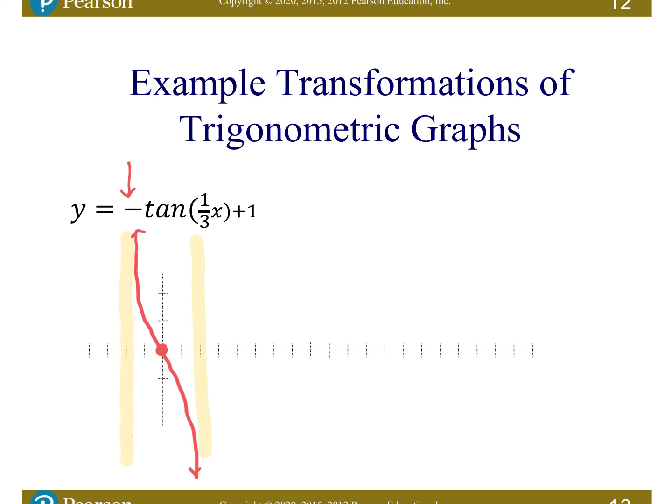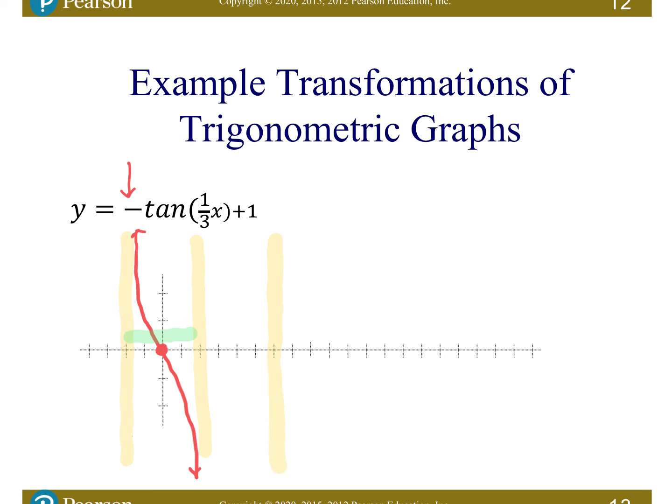So there would be another asymptote equally spread. Now, how do I know how far apart my asymptotes are? Well, count or measure the distance between them. There are 4 tick marks between that. So my next asymptote has to be 4 tick marks, 1, 2, 3, 4. So my next asymptote would be here.